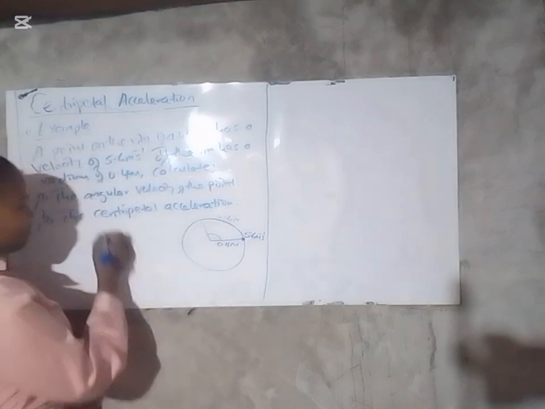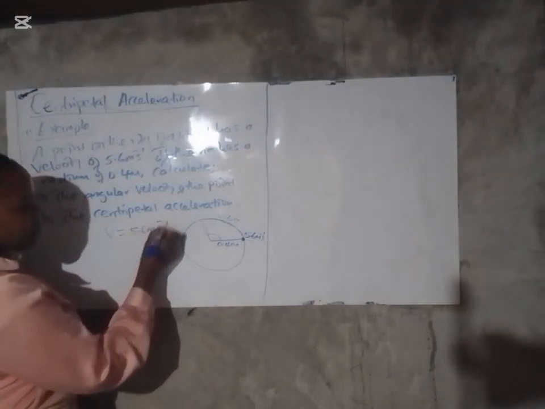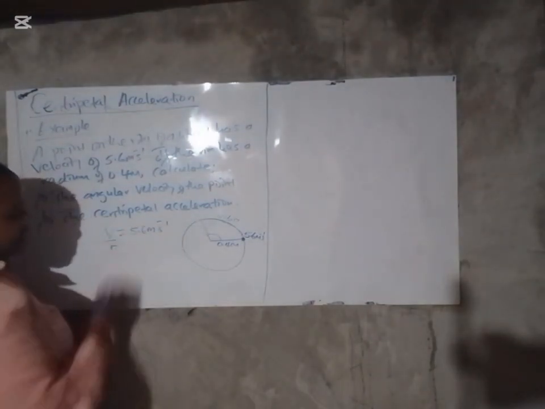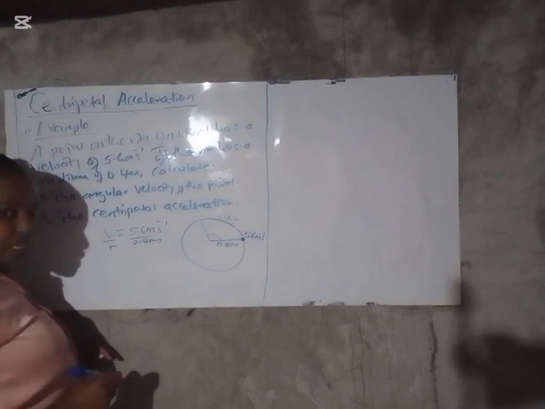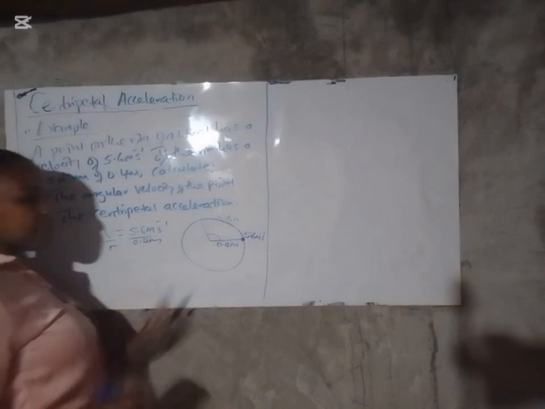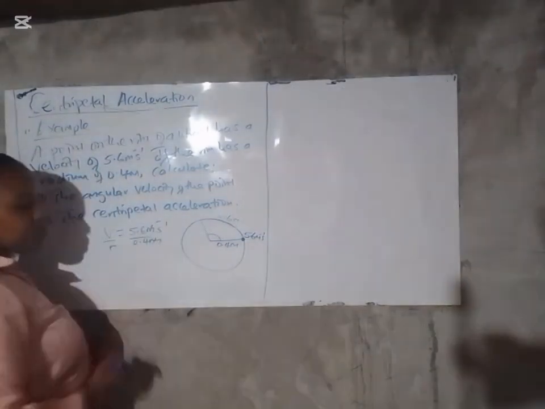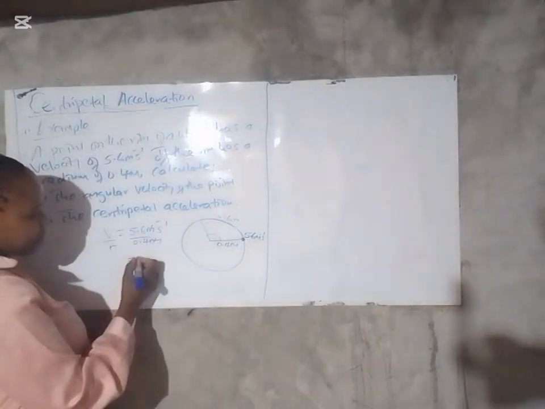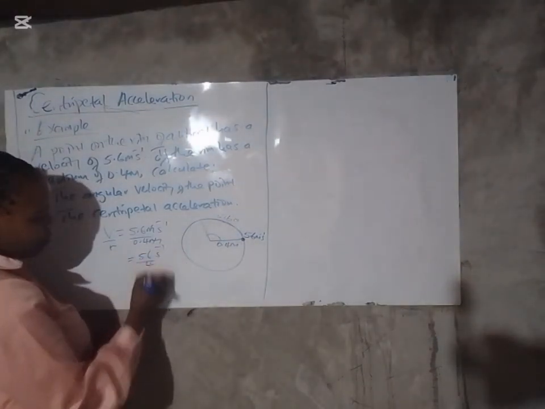So we do that. V, which is 5.6 meters per second, divided by the radius, which is 0.4 meters. Each 0.4 meters subtends 1 radian. So how many radians are this? That becomes 56 per second over 4.